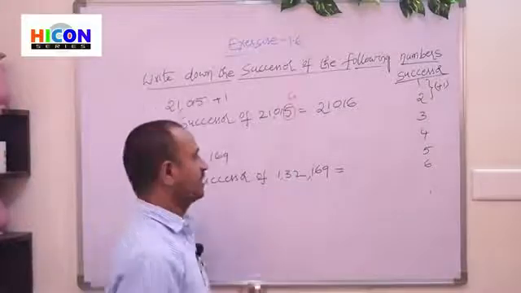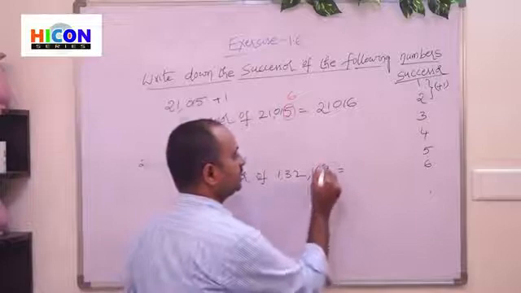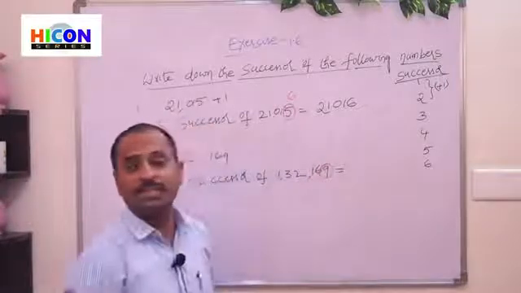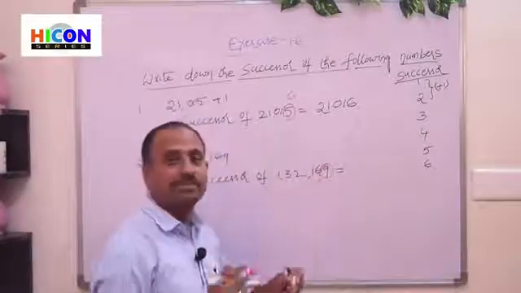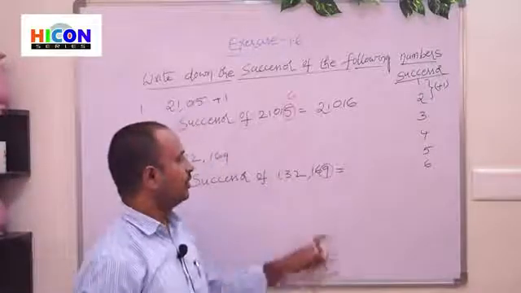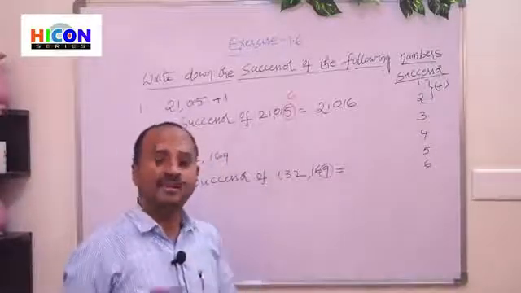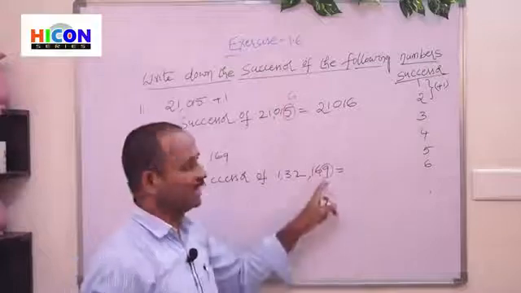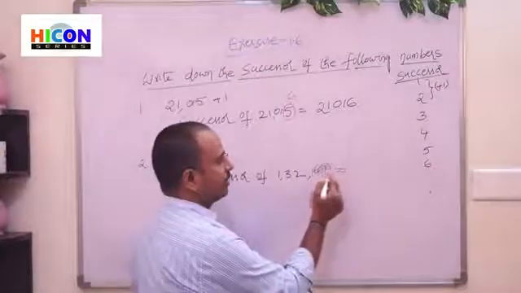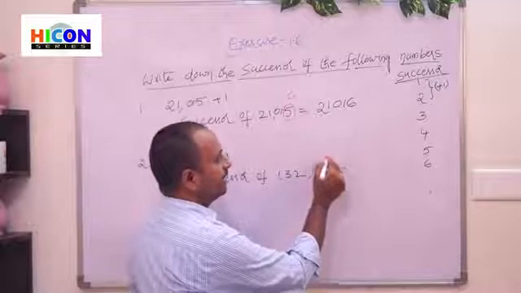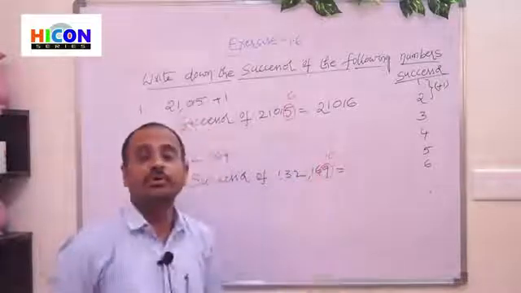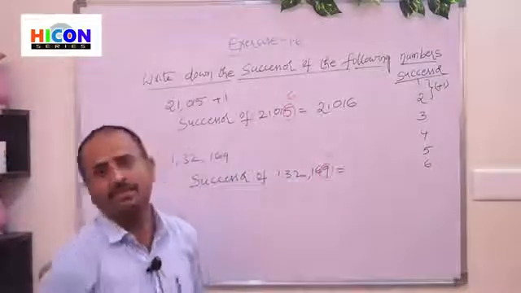Here the digit present in the ones place is 9. So just increase it. If we add 1 to 9, we will get 10. That means we have to increase the tens place.